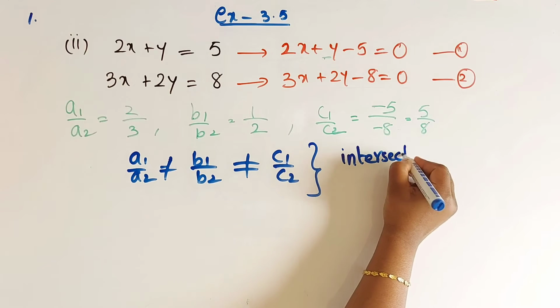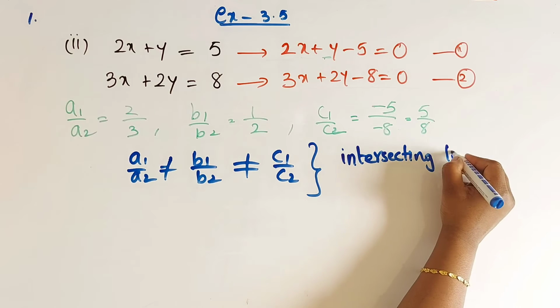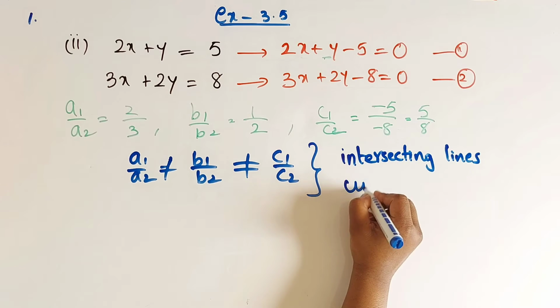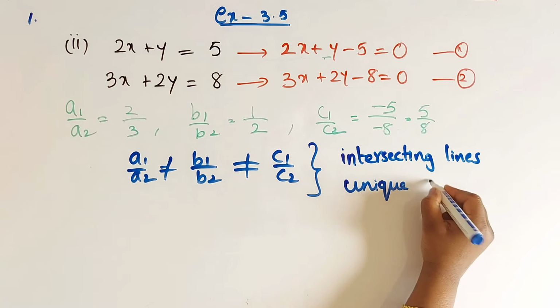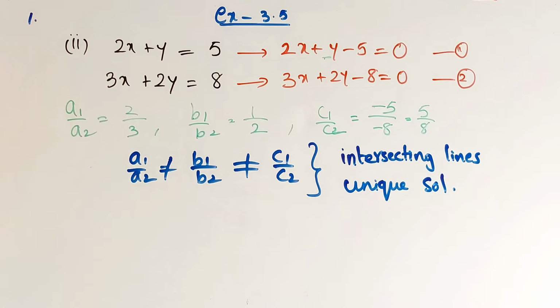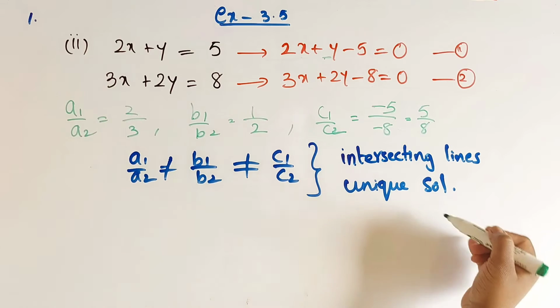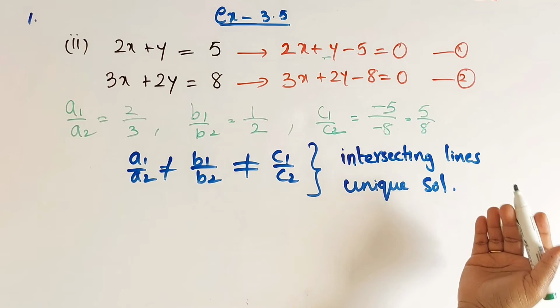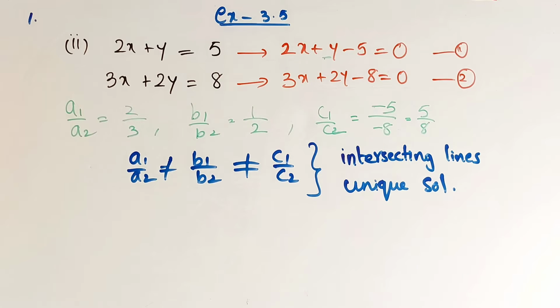Intersecting lines, that means how many solutions do we have, children? We have a unique solution, only one. Now in the question they said that if it is a unique solution, please find out the solution by using the cross multiplication method. Right, children? So let us start the cross multiplication method.